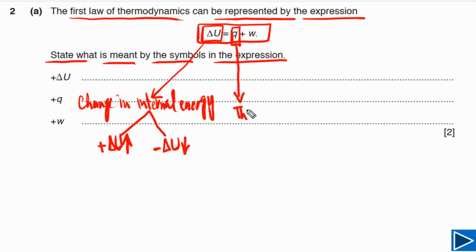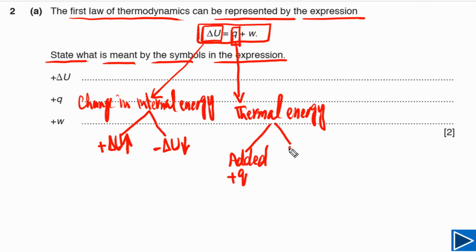Q is thermal energy. When thermal energy is added to the system, we use a plus sign in front of Q, and when thermal energy is removed from the system, we use a negative sign in front of Q.